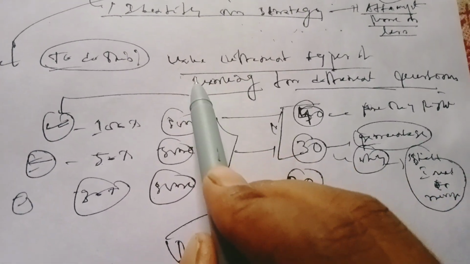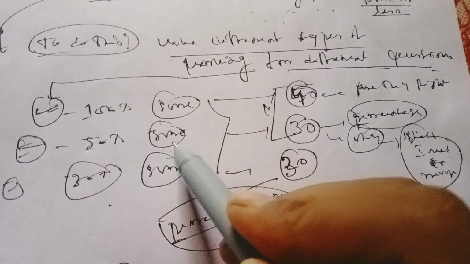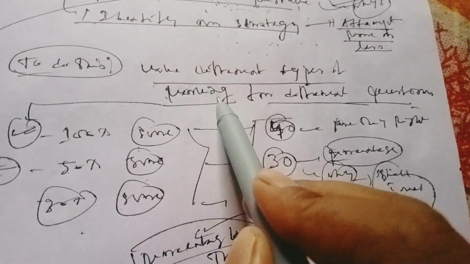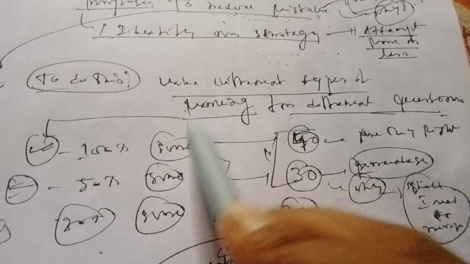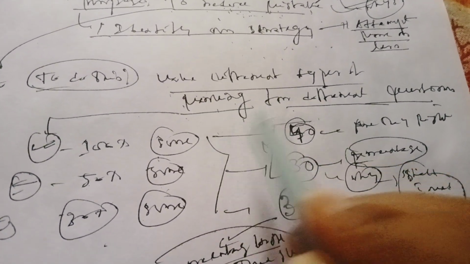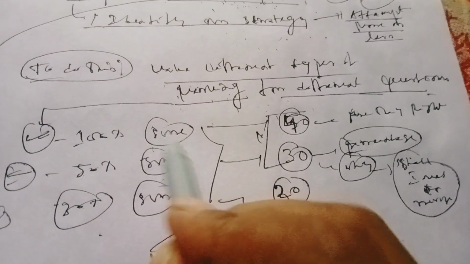To do this we can do it in this way. We can check and analyze our performance in test papers in two different ways. First, this is our question paper.